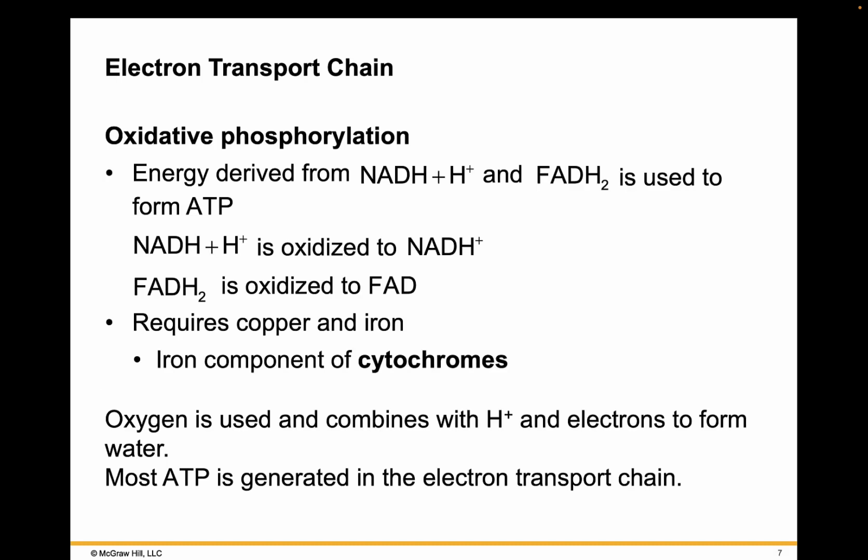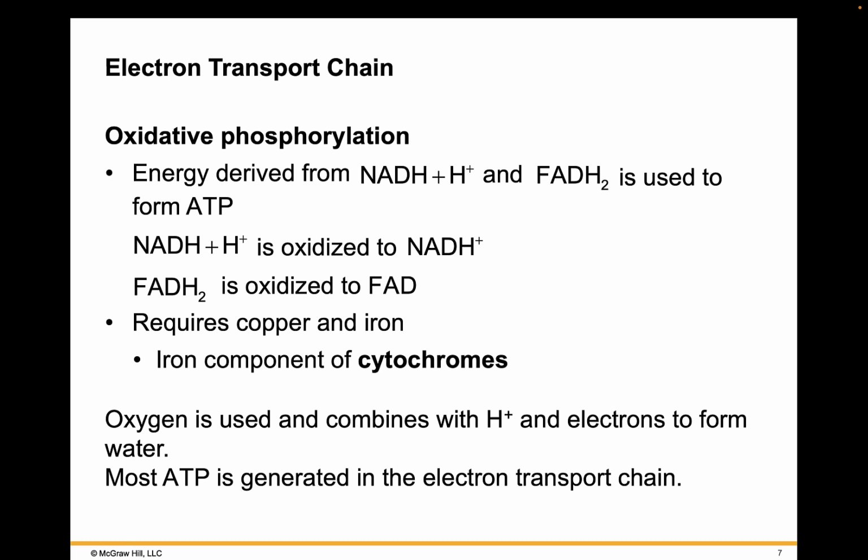The last stage is the electron transport chain, and there are multiple processes going on simultaneously. One we have to think of is oxidative phosphorylation. The energy derived from our electron transport molecules, NADH plus the corresponding hydrogen ion, and FADH2 is used to form ATP.